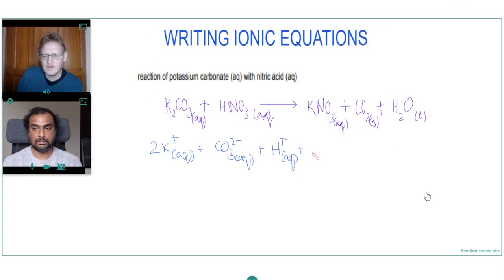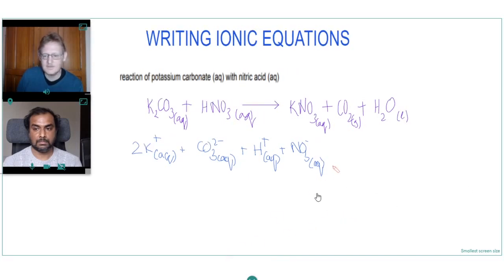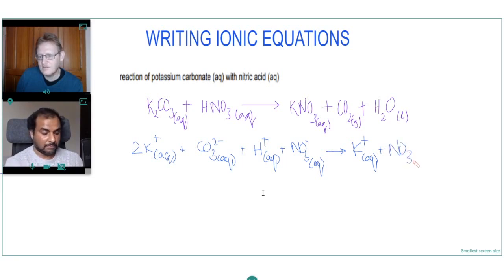An aqueous hydrogen ion, aqueous nitrate ion, making this a bit big. So aqueous potassium ion, aqueous nitrate ion. And then we've got our carbon dioxide gas. And water liquid.